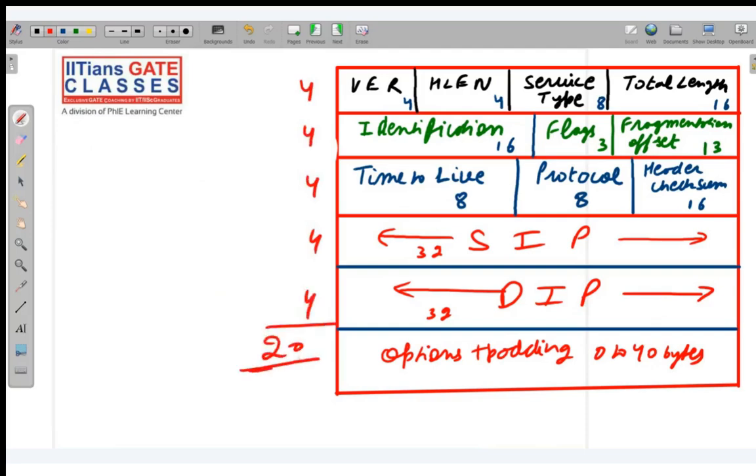Minimum header is 20 bytes, when options are 0. If options are there, maximum 40 bytes, so it can go up to 60 bytes. So the IP header is minimum 20, maximum 60 bytes.